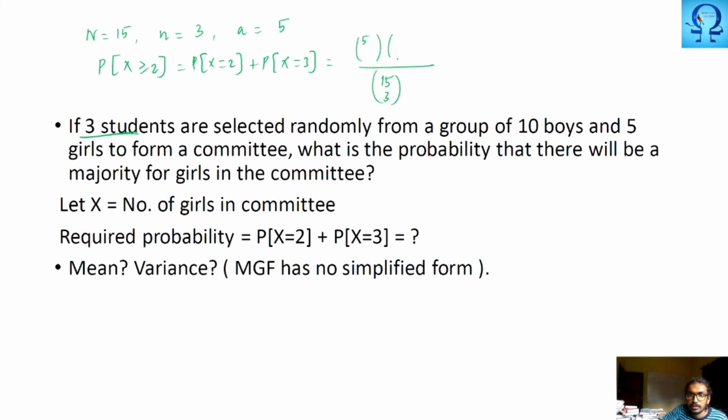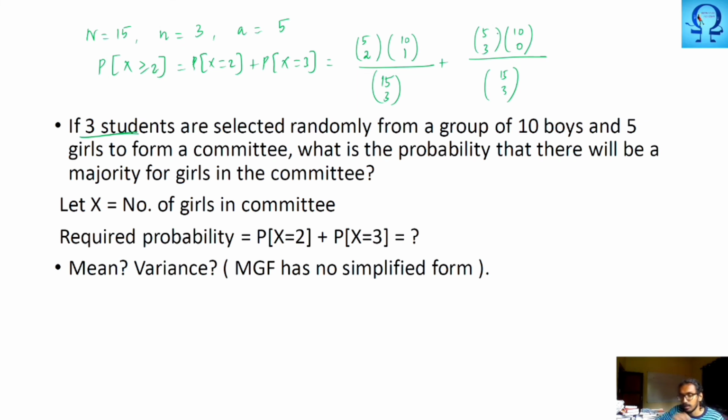From 5 girls, how many are you going to select? From 10 boys, how many are you going to select? Okay, from 5 girls, if you have selected 2, the 1 you will select from the boys. If you have selected all the 3 from girls, you will select nothing from the boys. So if you just add them up, this is the required probability.